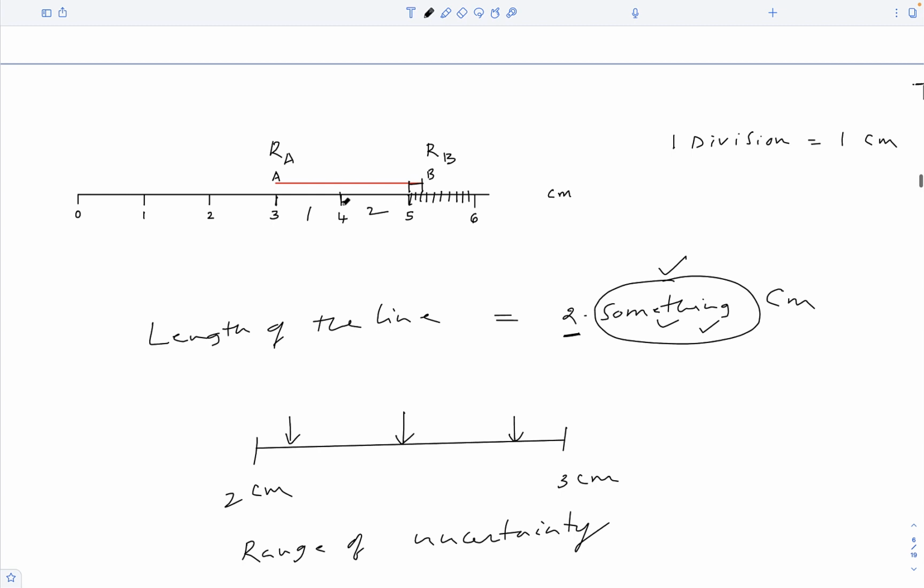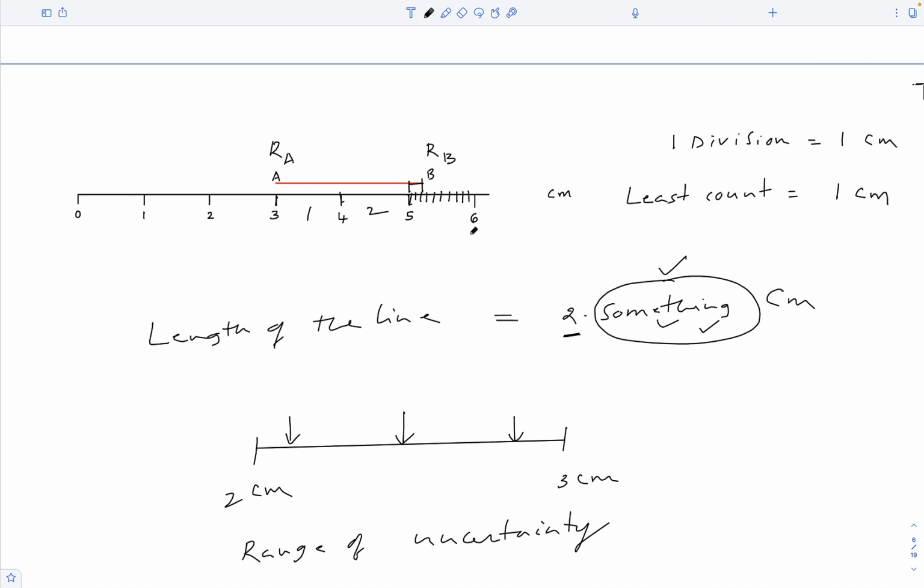Now, the smallest division physically present on this scale is 1 centimeter long, and the smallest division on any measuring device is called its least count. The least count of this scale is 1 centimeter.